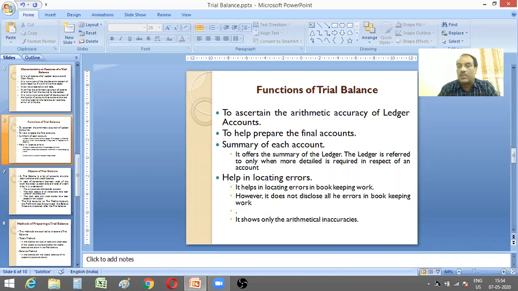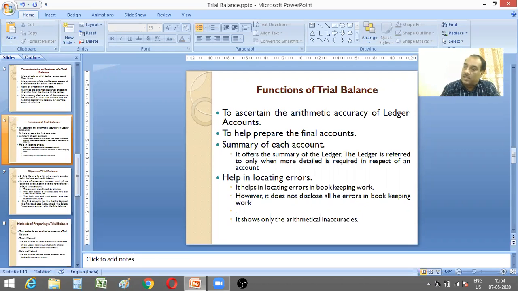It gives a summary of each account, so it offers the summary of the ledger. The ledger is referred to only when more detail is required in respect of an account. I have told you there are two methods of preparing trial balance. One is where we list all the debits and credits, total them, and then check the difference.